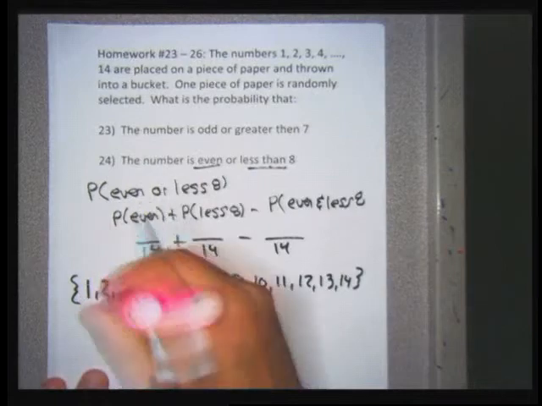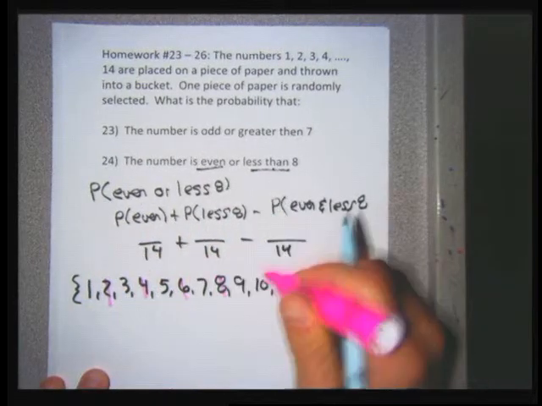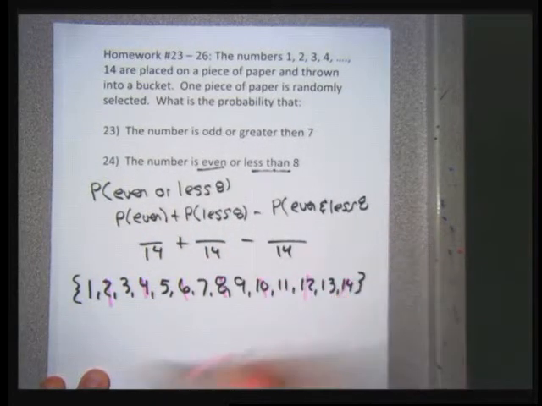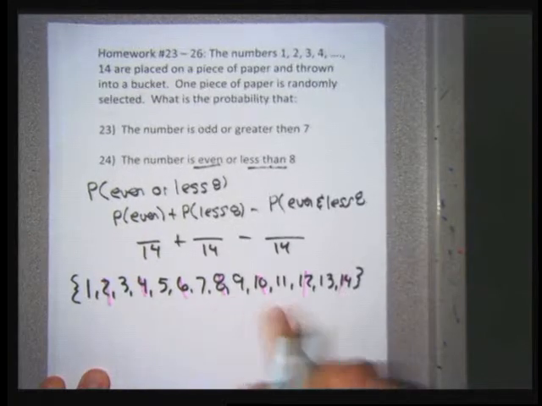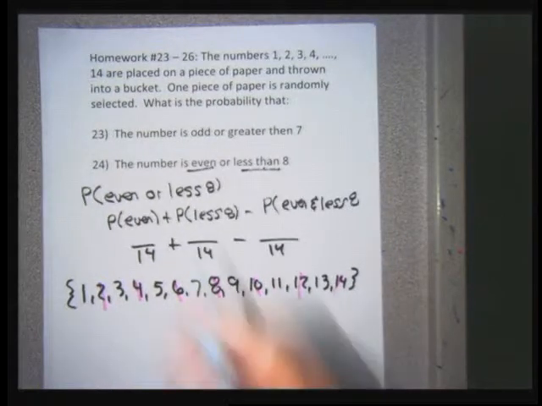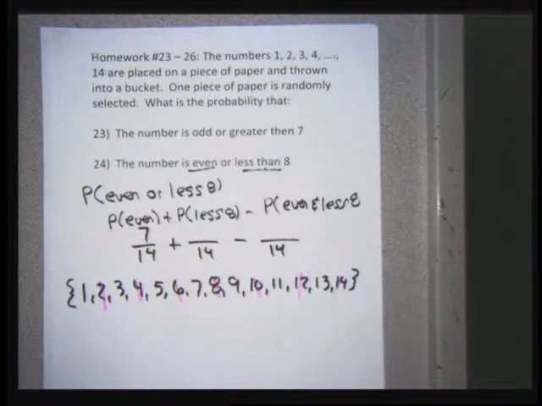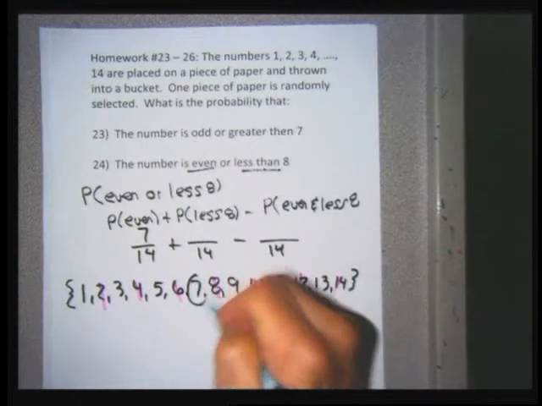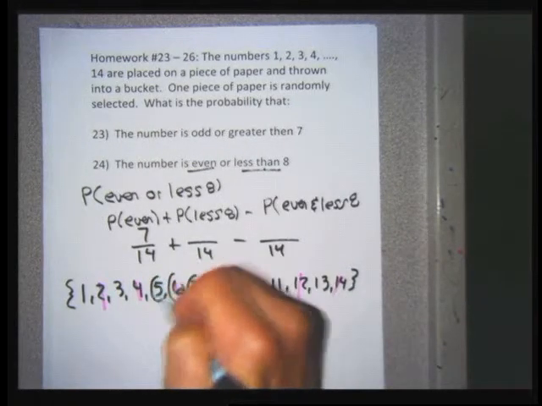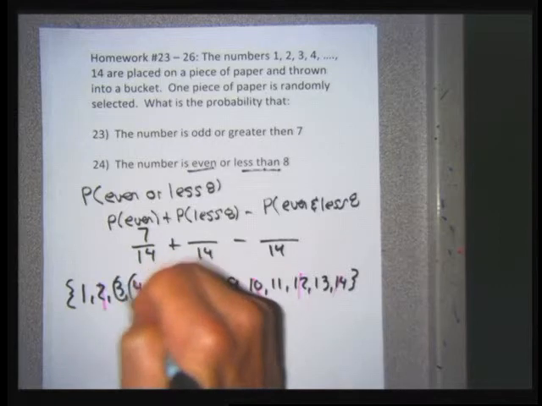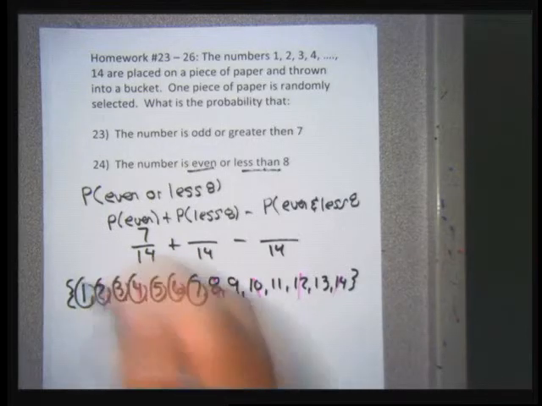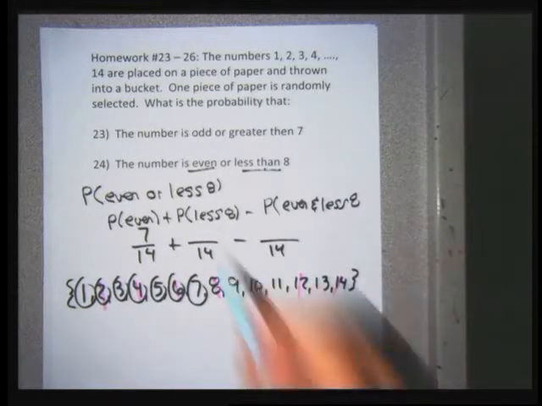For the evens, there are 1, 2, 3, 4, 5, 6, 7 evens. And then for less than 8, 7 is the first number that's less than 8. There's 7 numbers that I just circled.